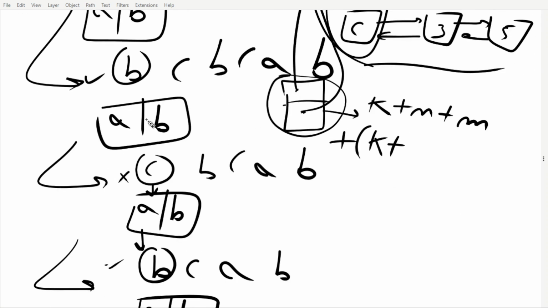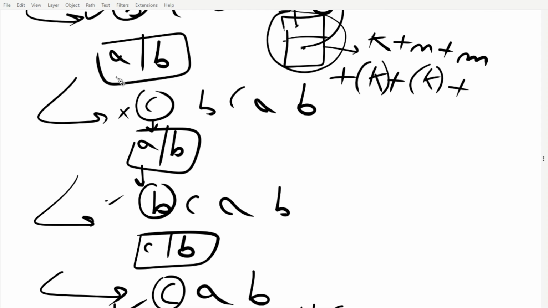Second step. So this is the effort taken in first step plus second step also same. We have a cache hit. Next step we consider. So here we have a cache miss. It takes time k to know that we have a cache miss.